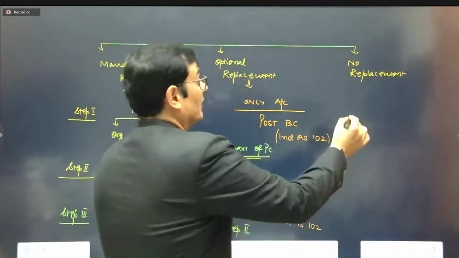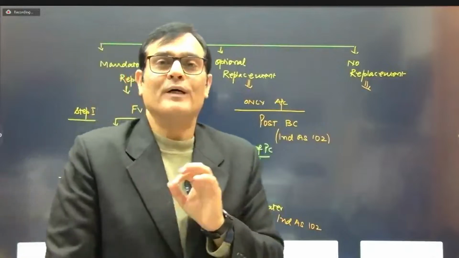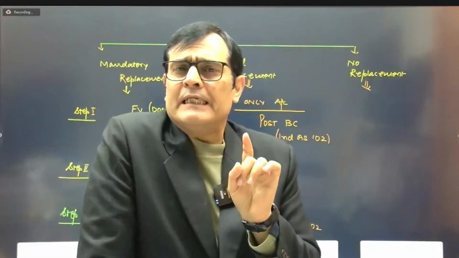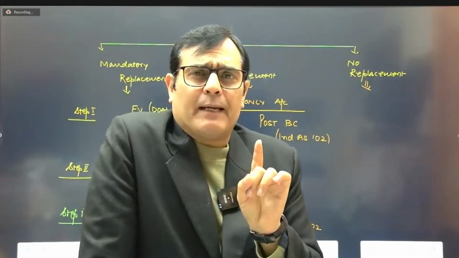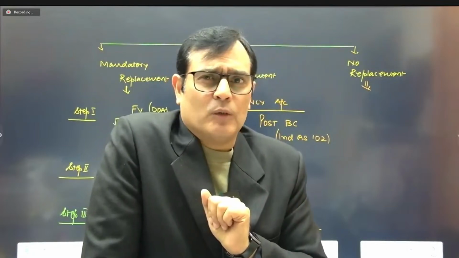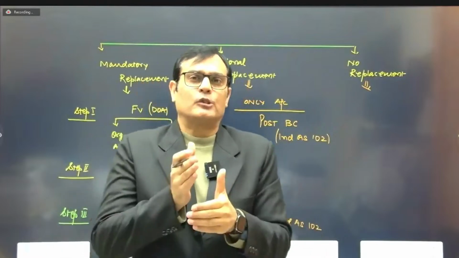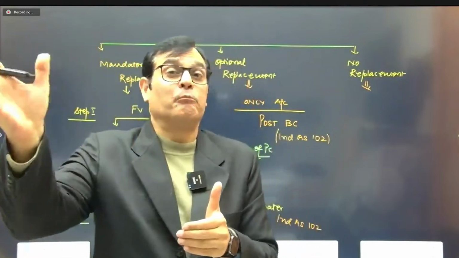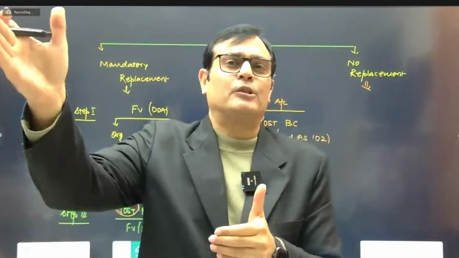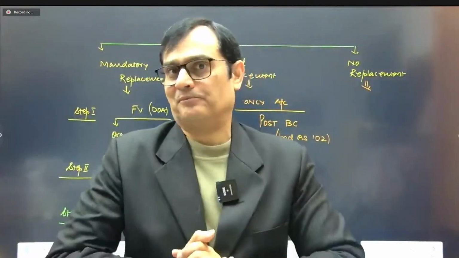Now comes the third one. He says, I will not make a replacement. Very logical. If the acquirer says that I'm not going to make any replacement, then those shares will ultimately go to the outsiders, because those shares are going to be given to the employees of that company, and those employees are the outsiders, NCI.